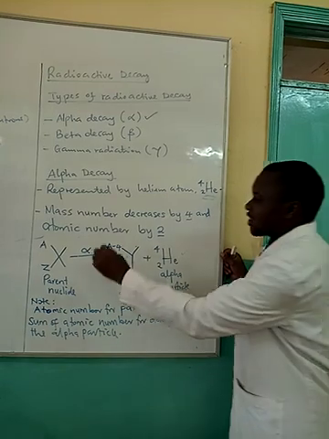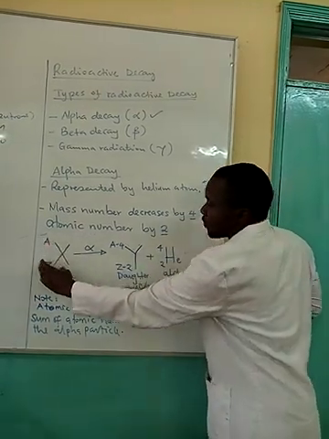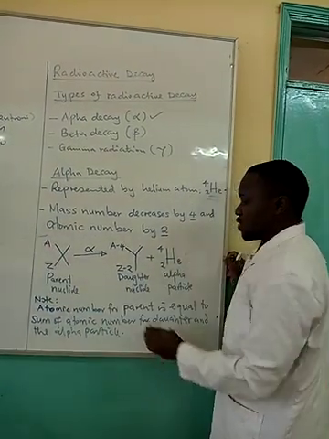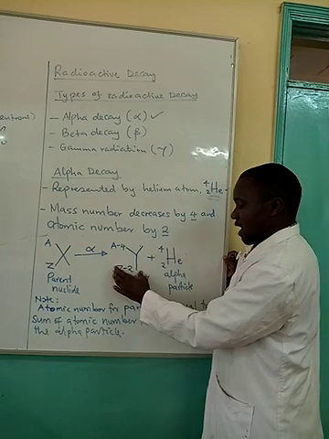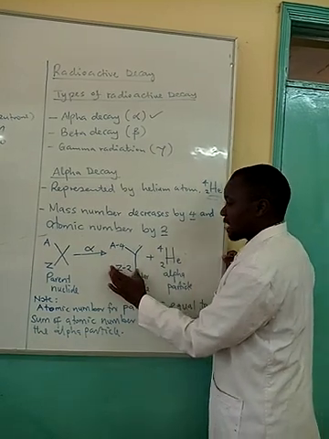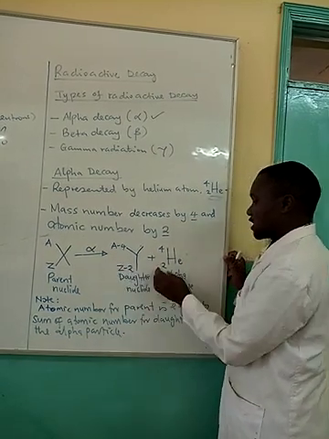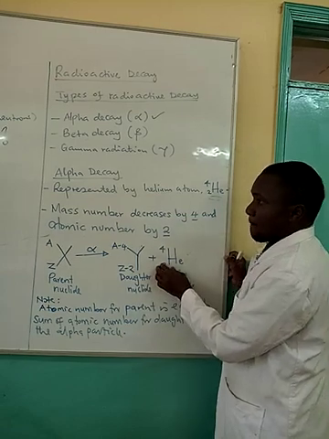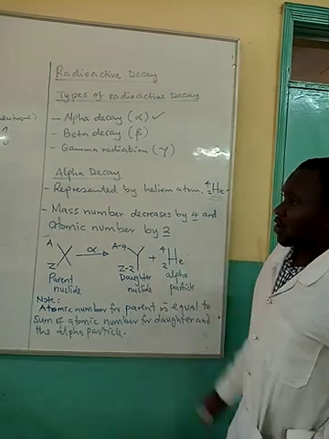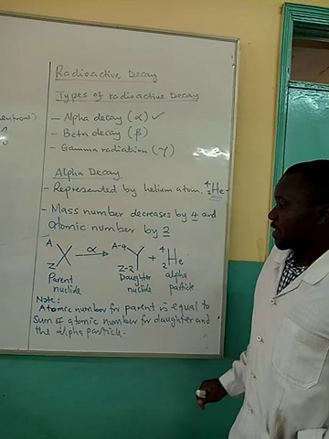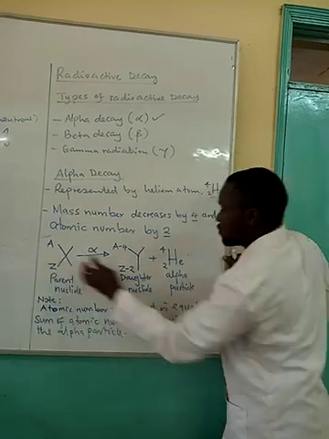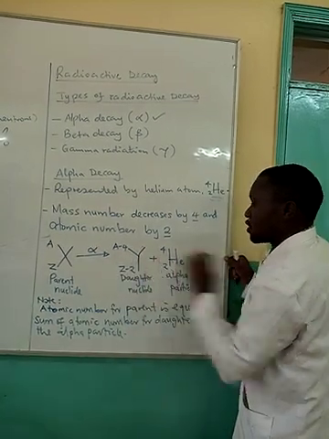The atomic number of the parent should be equal to the sum of the atomic number of the daughter plus the atomic number of the particle emitted, in this case alpha. So Z should be equal to Z minus 2 plus 2.